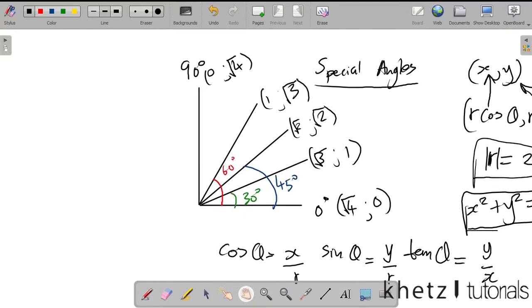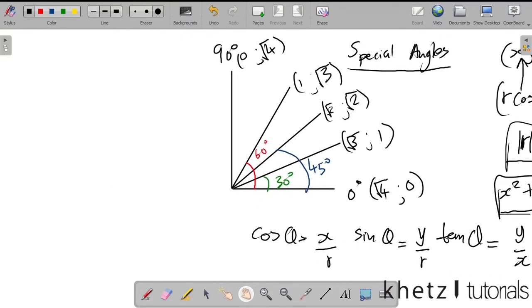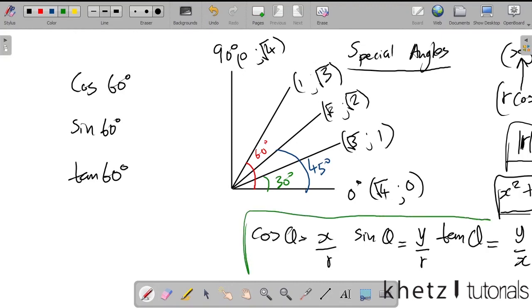So now, if we have this diagram and we're asked to find, for example, cosine of 60 degrees, sine of 60 degrees, and tan of 60 degrees, we'd come to the diagram and follow this.